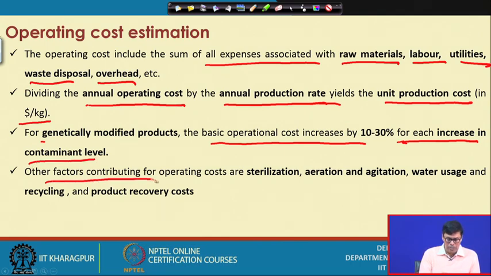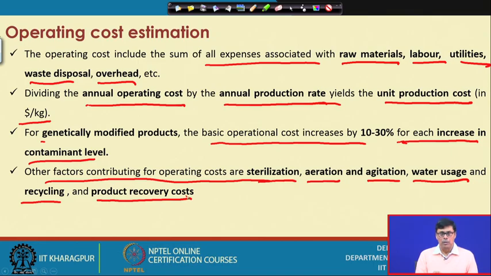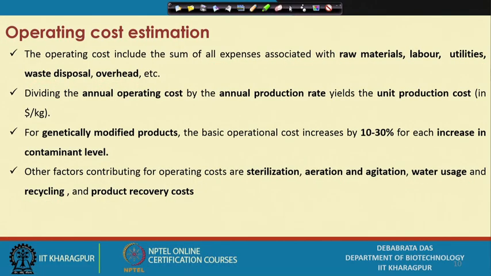The other factors contributing to the operating cost are sterilization, aeration, agitation, water usage and recycling, and product recovery costs. Particularly, I want to tell you that in the case of low value, high volume products, if you can recycle our effluent to the process, the water requirement of the process will be reduced drastically. This is what the biosteel process deals with.